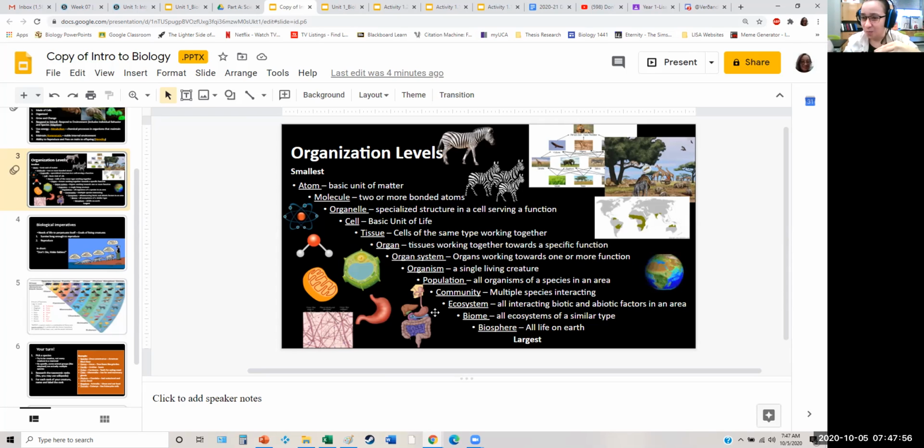Now we go one more. If we have all of these organ systems together, so we have our immune system, our nervous system, our respiratory system, cardiovascular system, digestive system, we have all the organ systems that we need to stay alive, we get an organism. So I am an organism, you are an organism, a bug is an organism, a zebra is an organism.